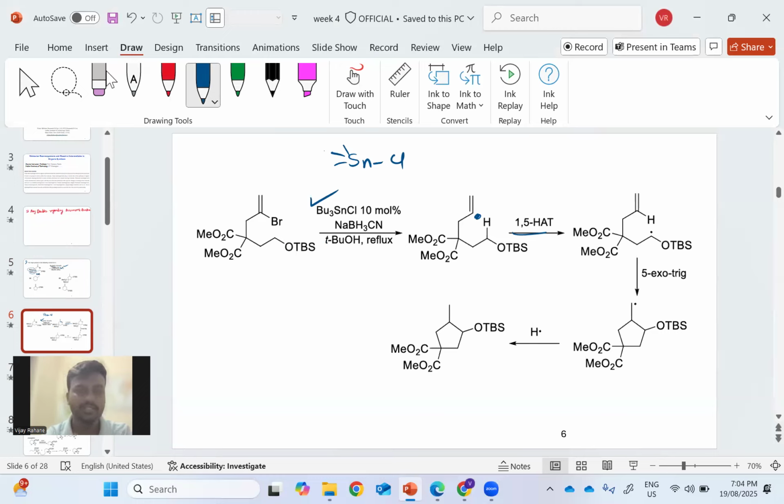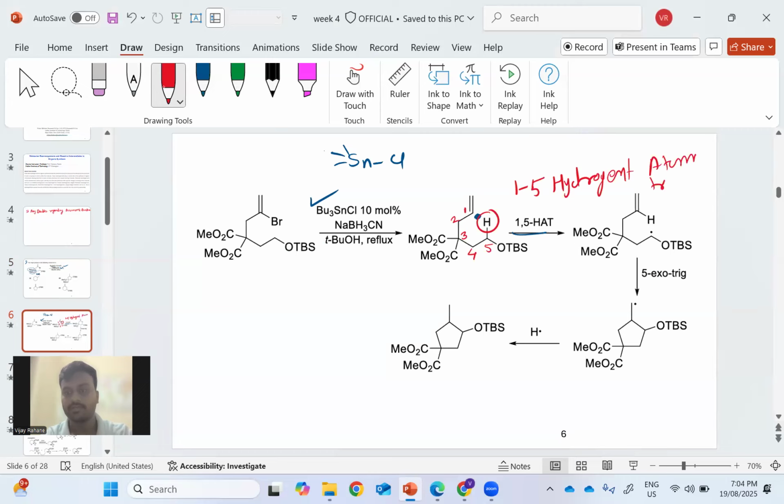If I label this one, two, three, fourth, and the fifth position, the proton transfer takes place. So this is the 1,5 hydrogen atom transfer reaction.